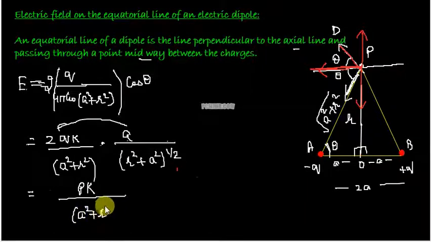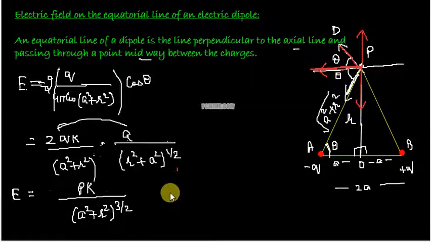The powers get added, so this is not the whole square; we have a square plus r square raised to 1 plus 1 by 2, so that gives me 3 by 2. So we get the resultant electric field on the equatorial line as p k upon a square plus r square raised to the power 3 by 2.